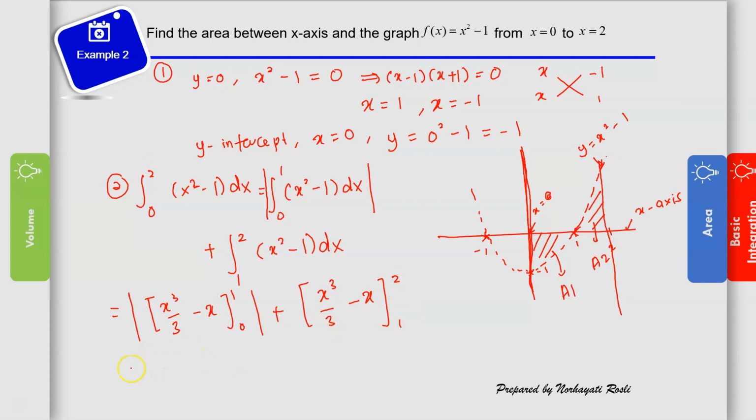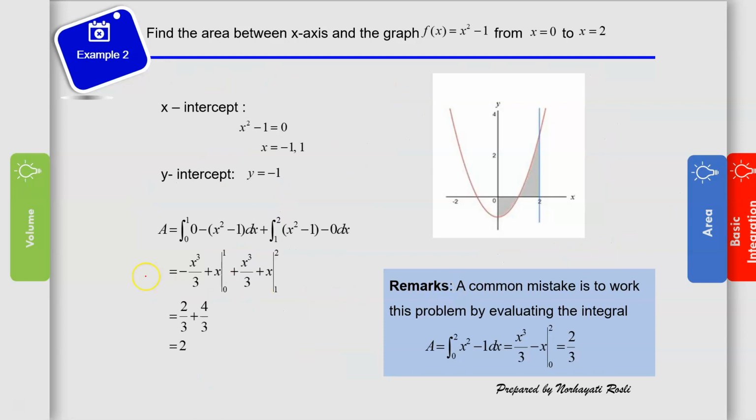When we solve this one, you'll get the answer. This part is 2 over 3 plus 4 over 3, which is 6 over 3, that is equal to 2. So class, what I did here is in general the solution, and this is the final answer too.